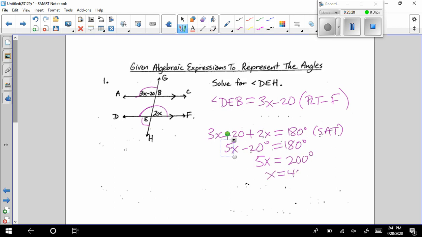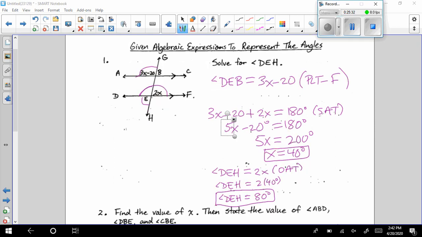The value of x is 40 degrees. Finally, I'm able to use my opposite angle theorem relationship. So angle DEH is opposite to the angle that had the 2x there. I know they're equal to one another, therefore angle DEH equals 2 times 40, or 80 degrees.